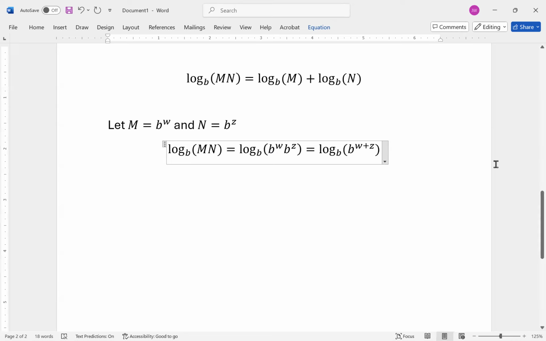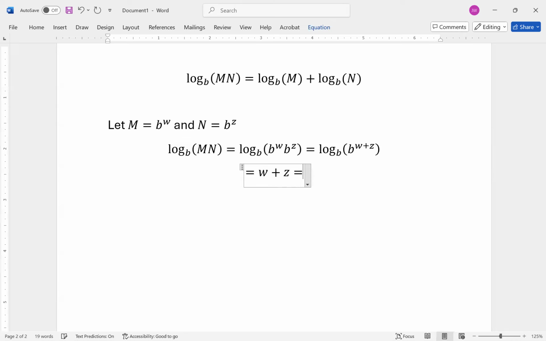Using the exponential and logarithm inverse property, we know that that is actually just the exponent w plus z. Log base b of b to an exponent is just the exponent itself, so that's w plus z.